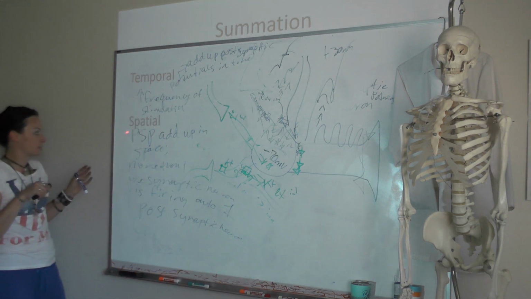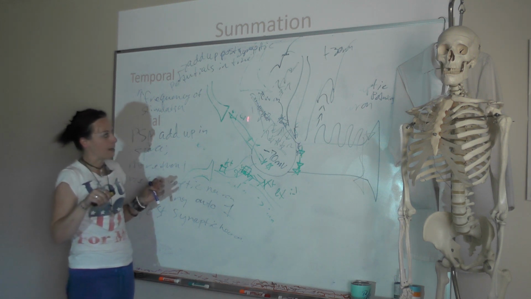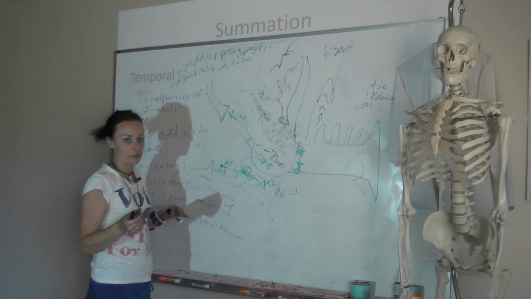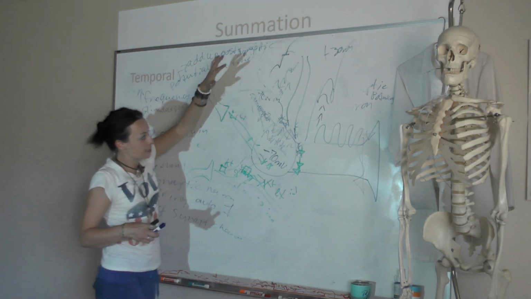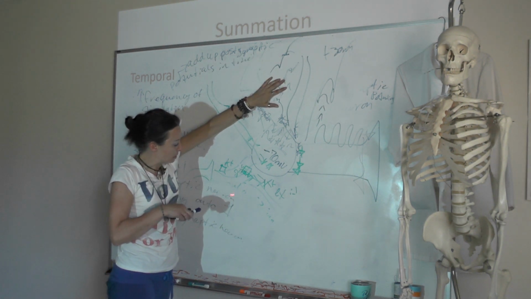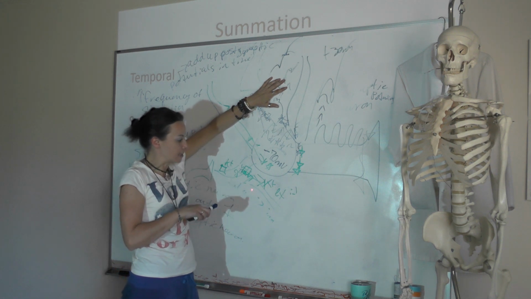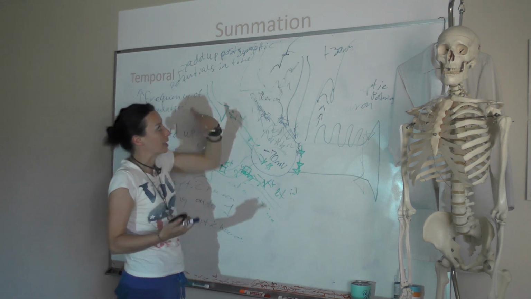That would be spatial summation of those three synapses. I would move further from, because these two would cancel each other out, but this one's open as well. So positive charge is exiting and I'm moving further from threshold.